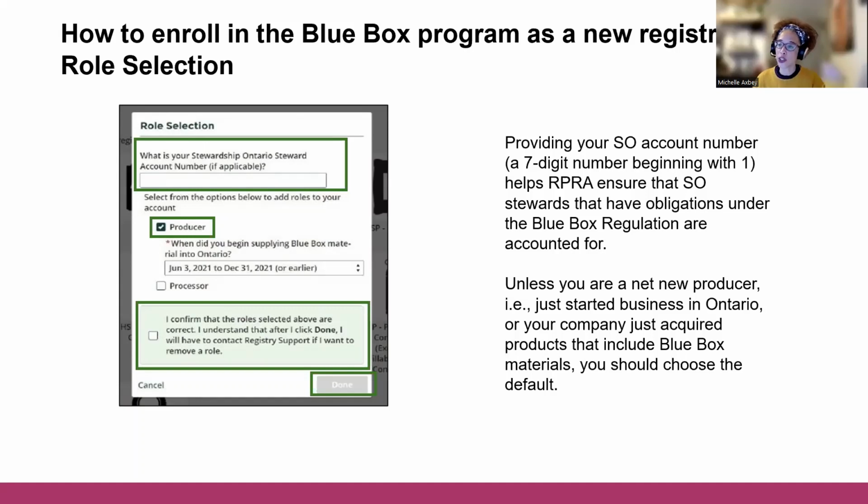If we can connect your steward number with your RPRA number, it means that we know that you are now reporting to both and that we don't need to follow up with you any further. So it's a compliance tool.